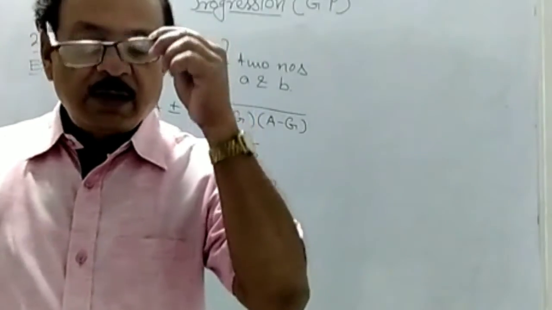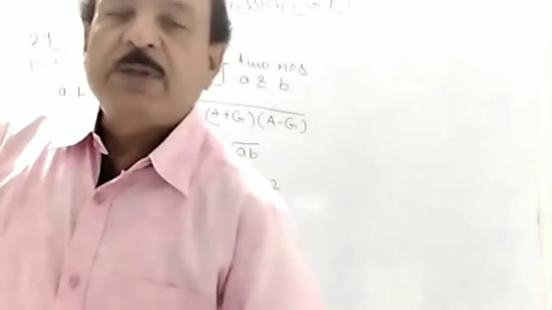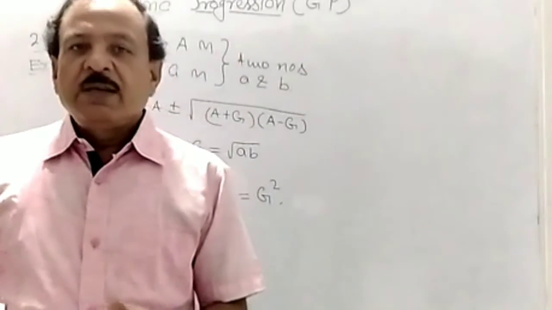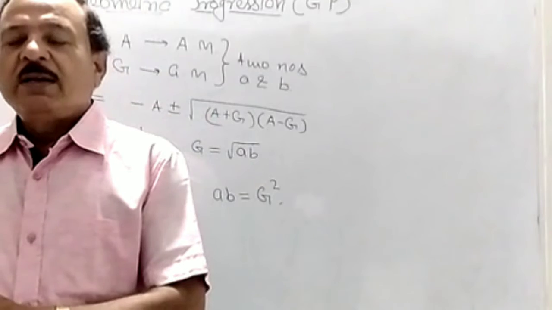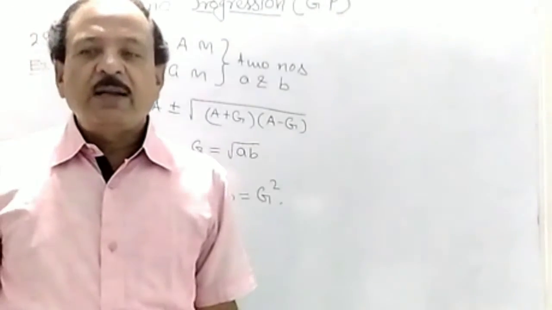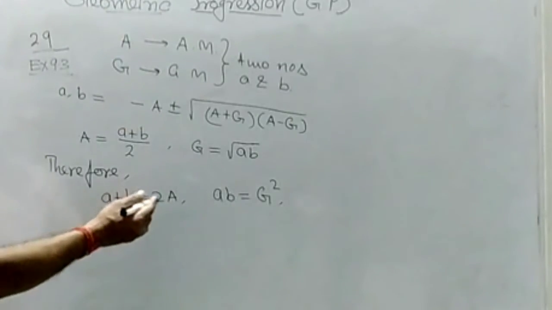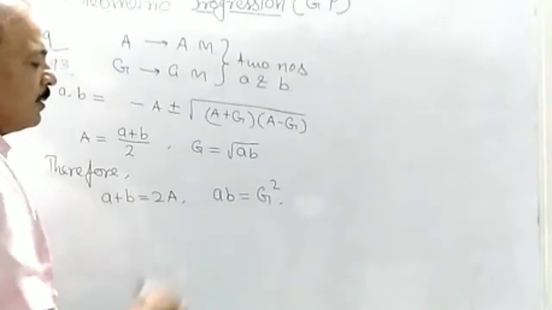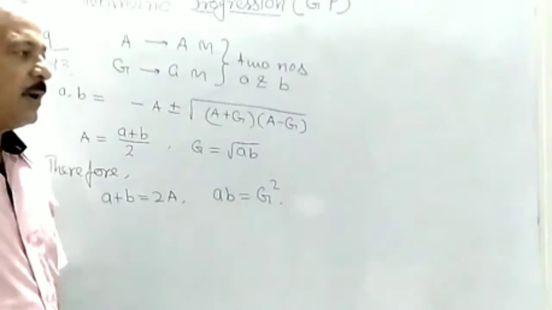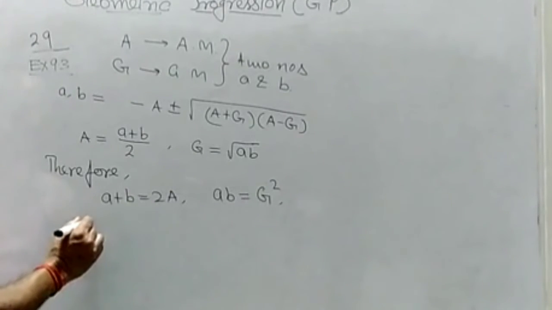If the sum of roots and the product of roots are given, then you can write the quadratic equation.